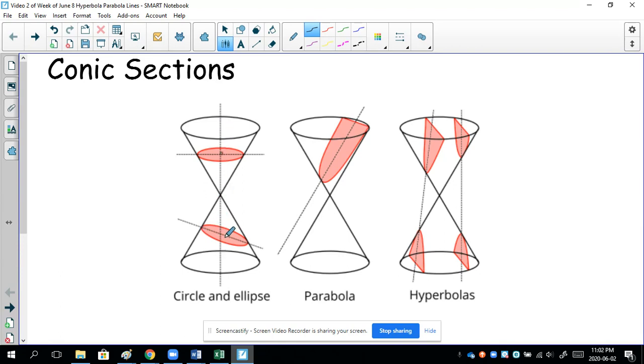You have the ellipse. You have the parabola. So we have the parabola here, and we have the hyperbola. Okay, so that's why they're called conic sections. You're taking a cross section of what we call a double cone, and also it's two-dimensional geometry from three-dimensional geometry.